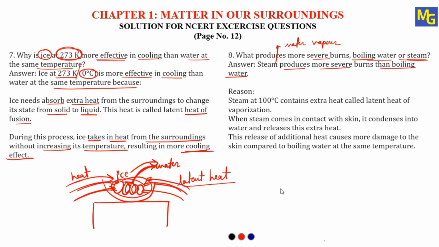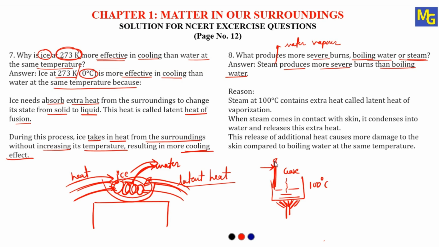When we take water in a container, which is in liquid state, and heat it, at 100 degrees Celsius water starts boiling. Once it starts boiling, it converts into gas. But if you see the temperature on the thermometer, it will not change. We are continuously supplying heat, but that heat will not show on the thermometer as an increase in temperature.